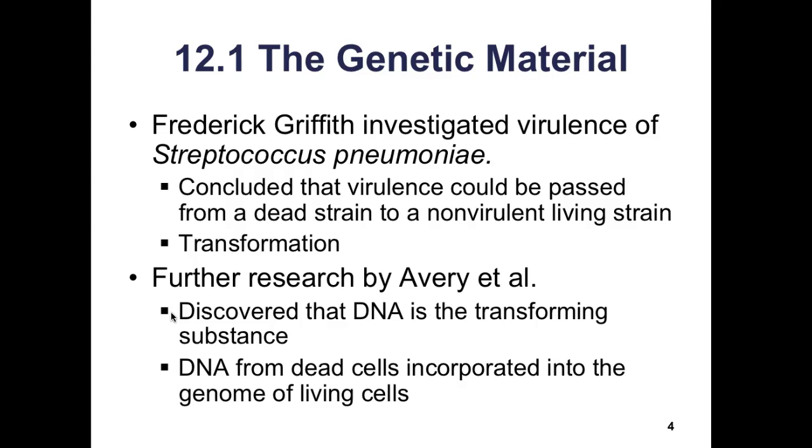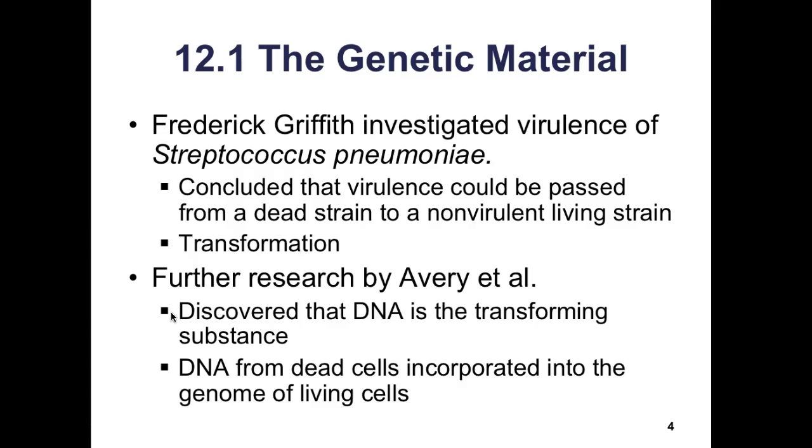One of them would be a guy named Frederick Griffith. He basically investigated the virulence of Streptococcus pneumoniae, and he concluded that the virulence could be passed from a dead strain to a non-virulent living strain. That process itself is called transformation. So you do see a change there, or some type of transform in the bacteria.